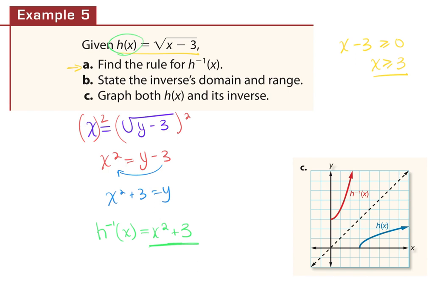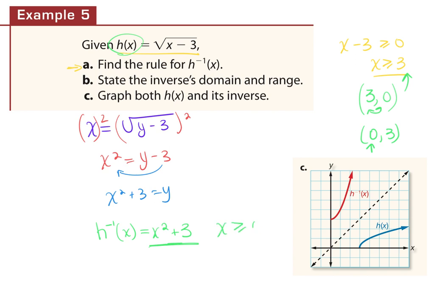Here, when x equaled 3, y equaled 0. So my restriction was x has to be greater than or equal to 3. When I took the inverse, these switched places. This became 0, 3. This was my new limitation. So my limitations actually switched places too.